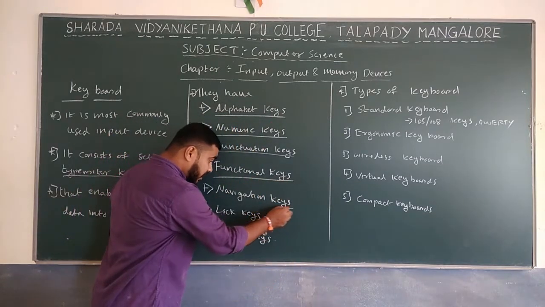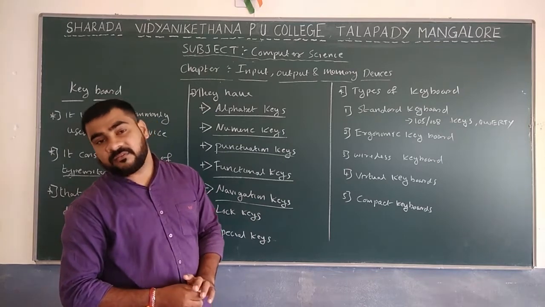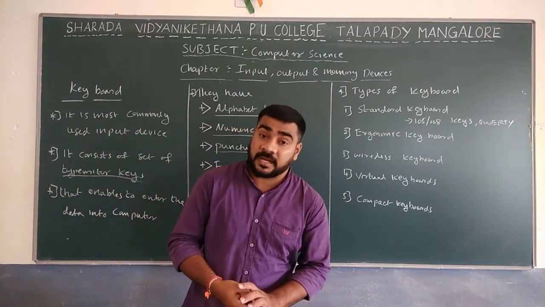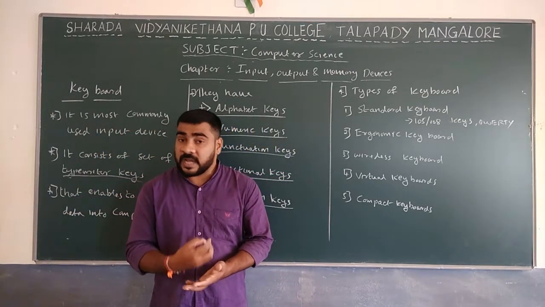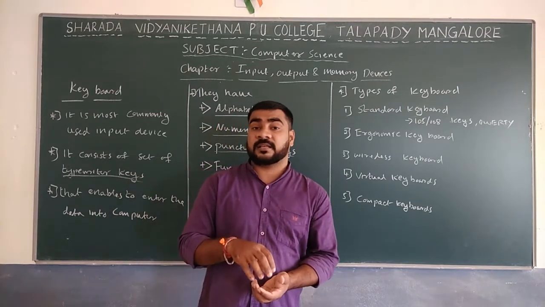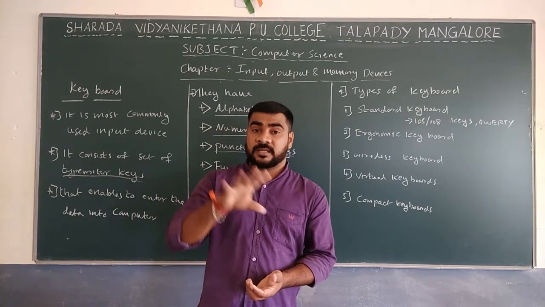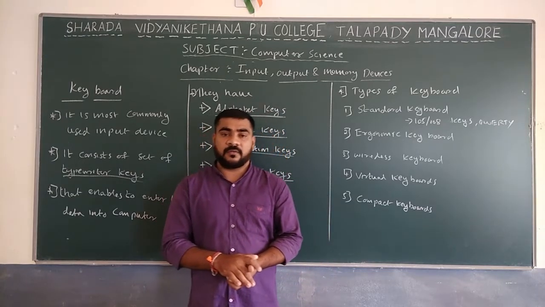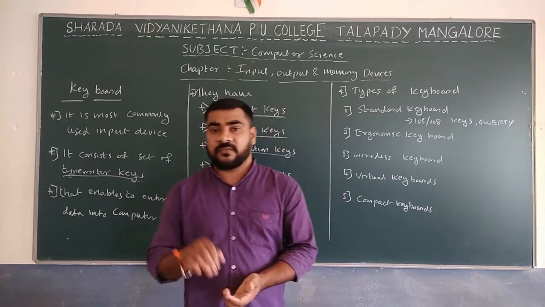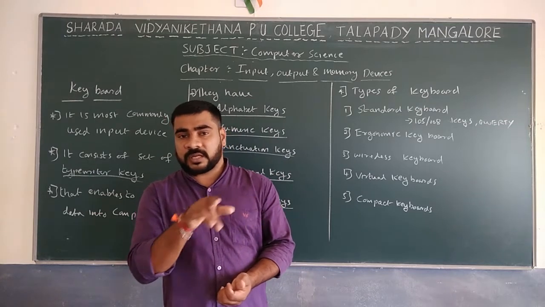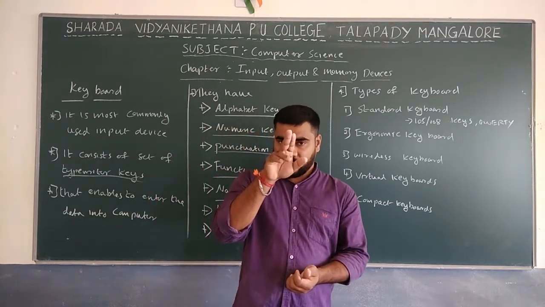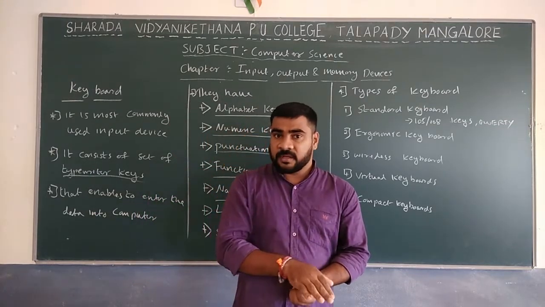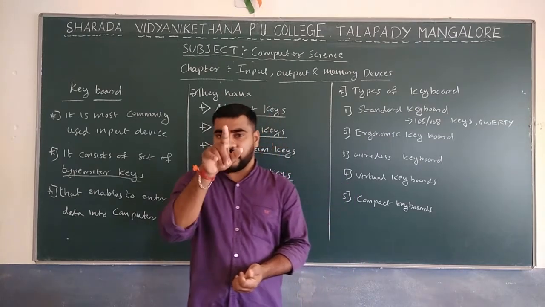The next one is navigation keys. Navigation keys are also known as direction keys. Direction keys are used to move the cursor, or the file pointers. Normally when you are going to type data, we are using the cursor. If you want to move the cursor towards left, up, right, or down, it's possible to move the cursor in 4 directions.